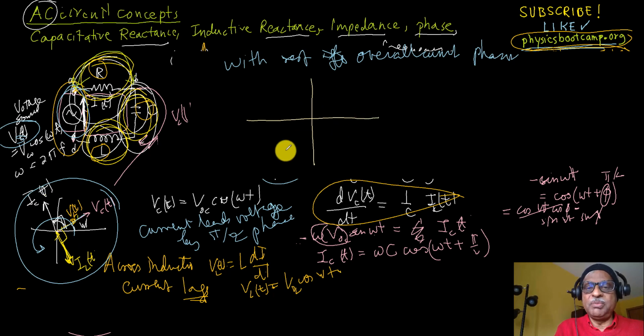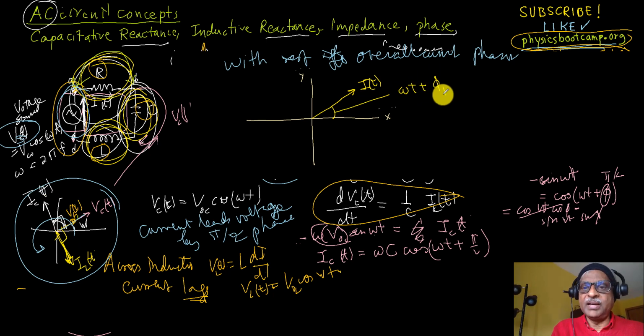Remember, this x component is the only thing I want, and the y component I will just ignore in the phasor diagram. Okay, so this is the overall current, and this angle is omega t plus phi I in our case. It could be any angle, but we just want to write with respect to this.